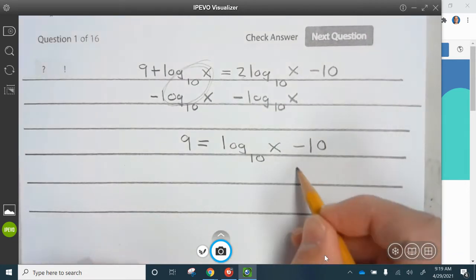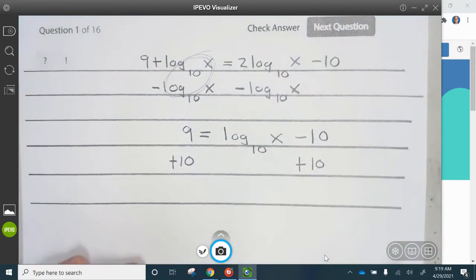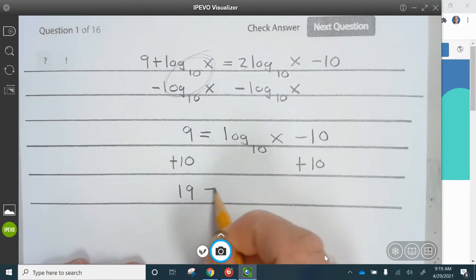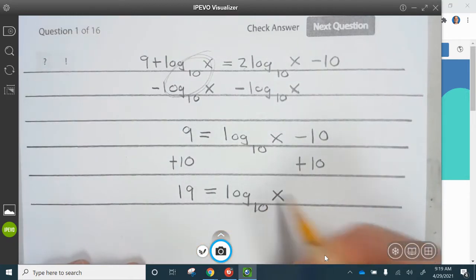We're going to add 10 to both sides, so we have 19 equals log base 10 of x.